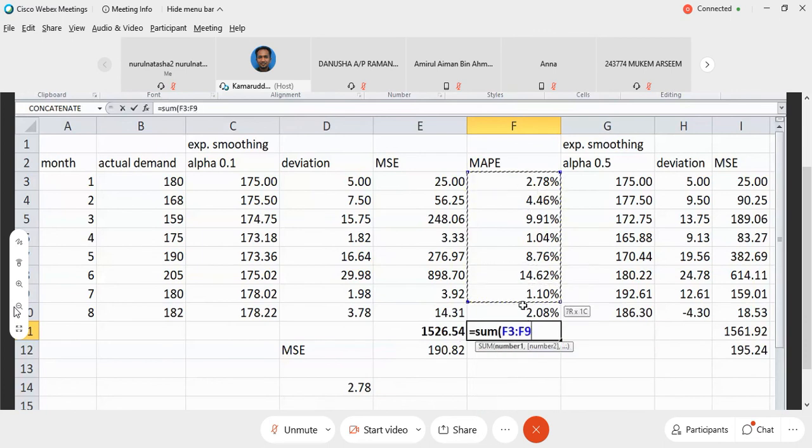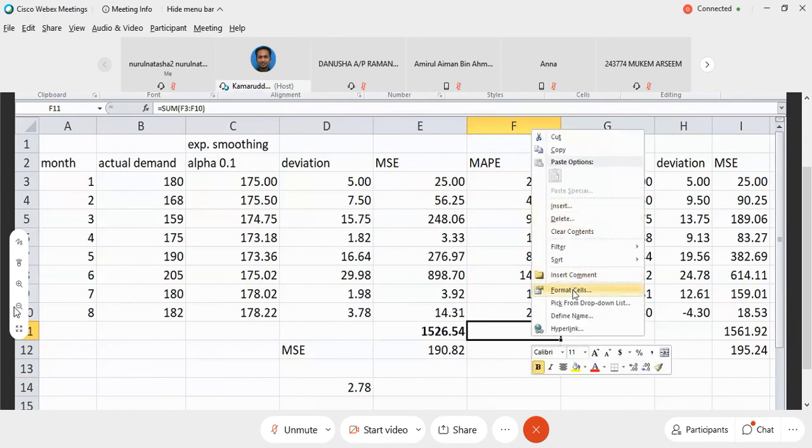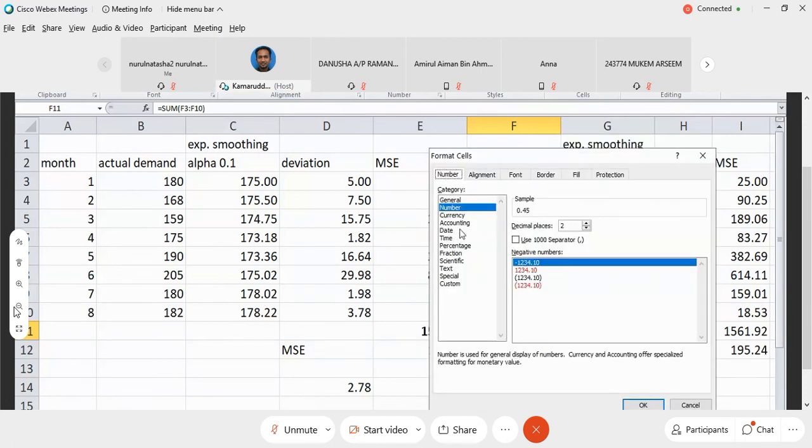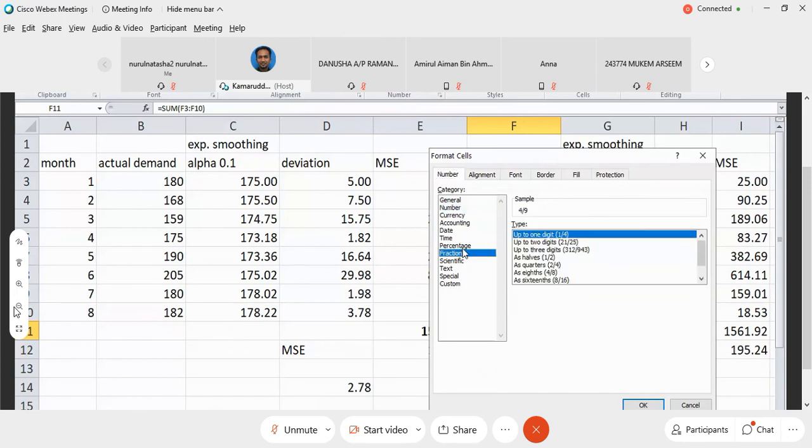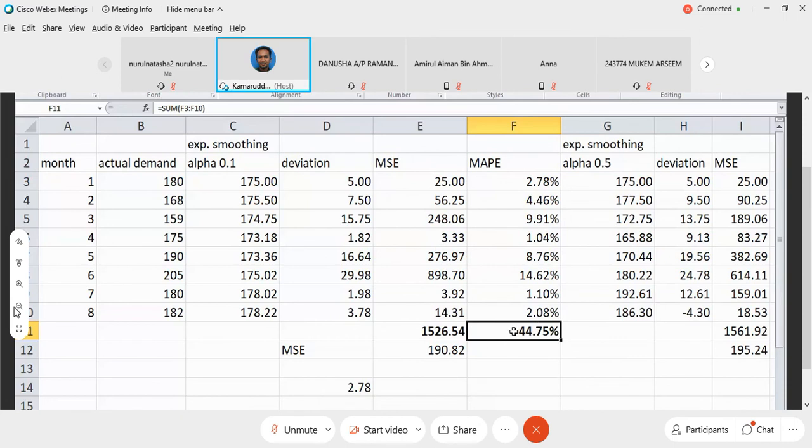Okay, so the total of error in the percentage is 44.75.